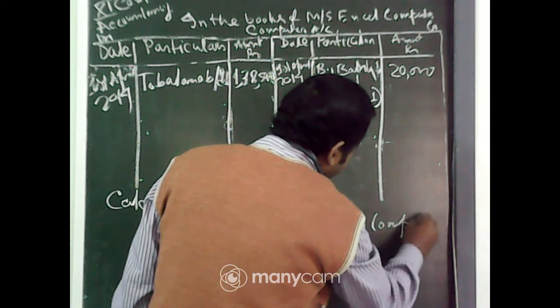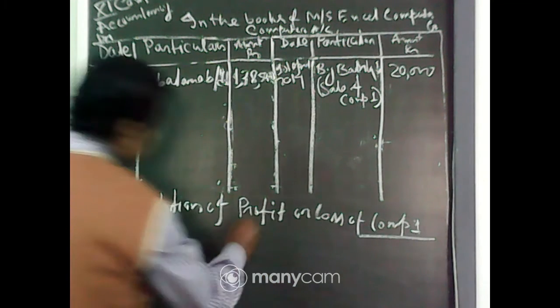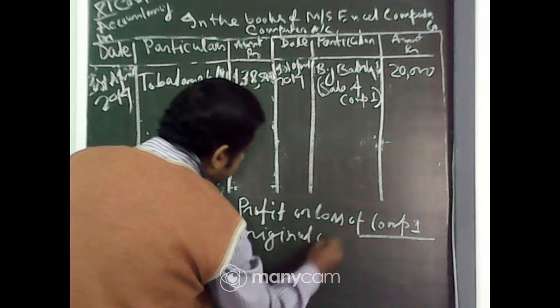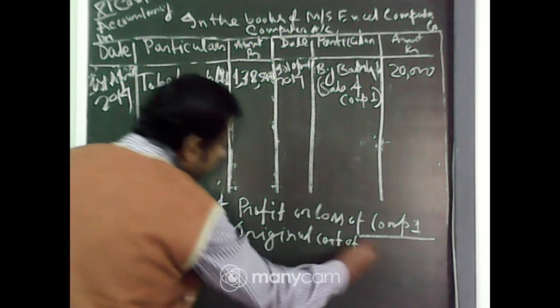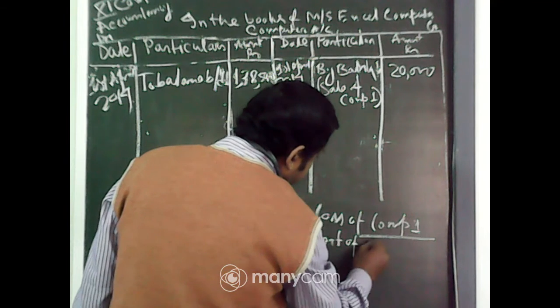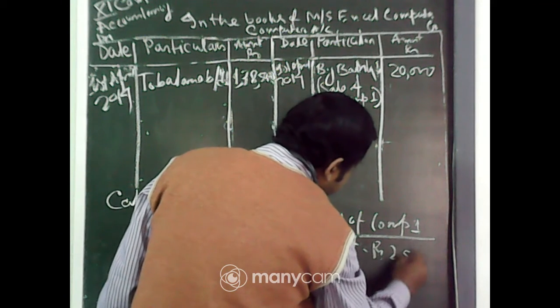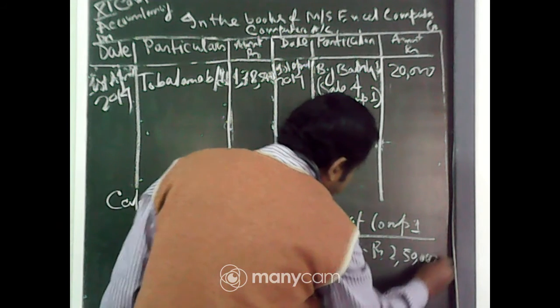Computer 1, original cost of the computer, rupees 2,50,000. That was the original cost.